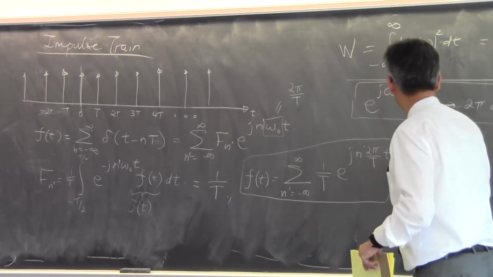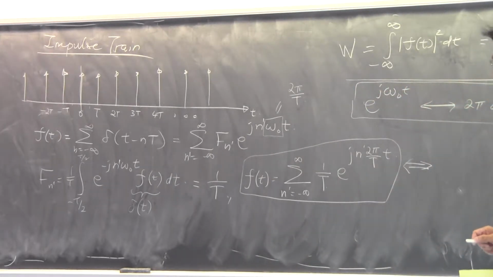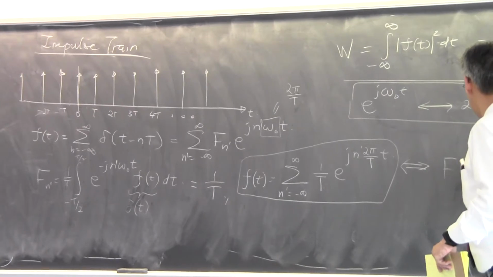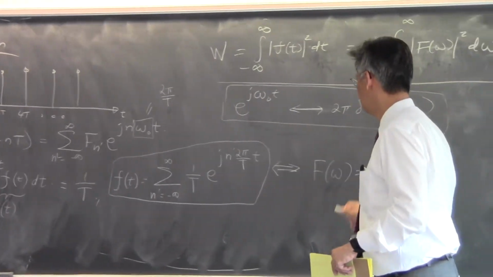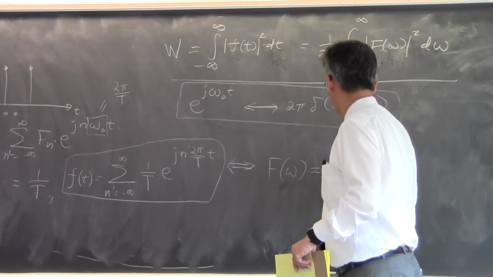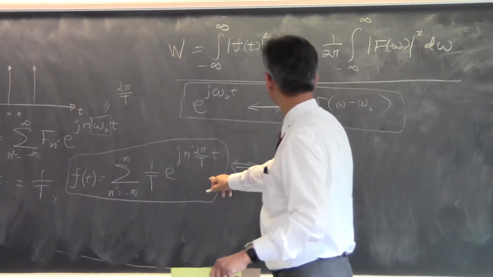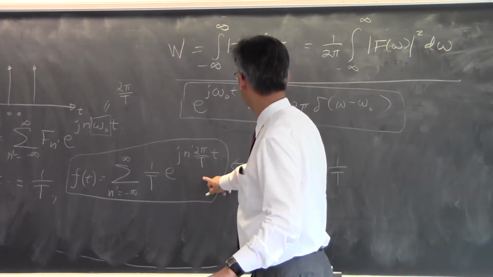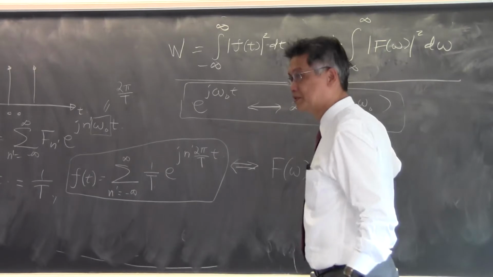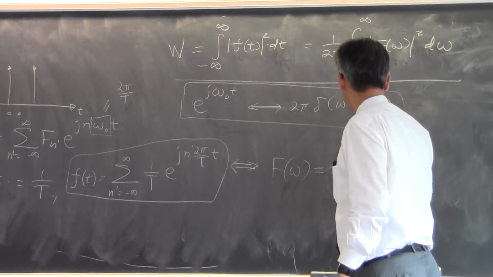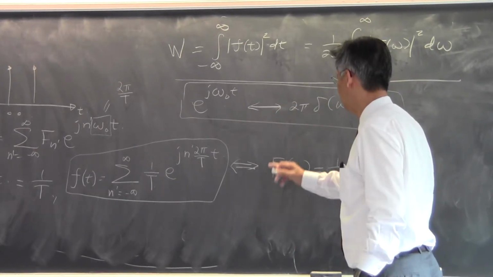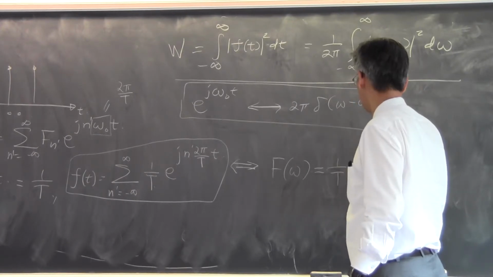Now if I were to take this to the Fourier space, what is F of omega? F of omega would be the Fourier transform of each of these terms. Each of these terms Fourier transforms to a delta function. So let me just replace n prime with n at this point.